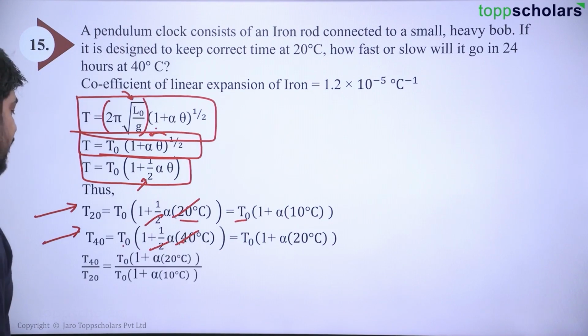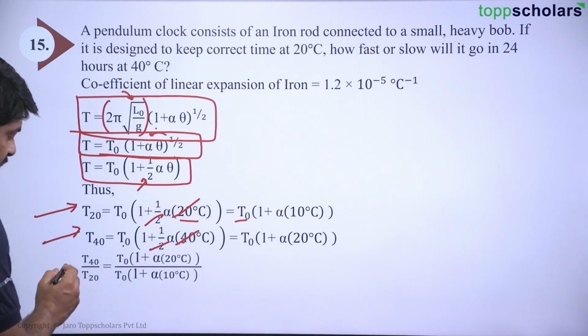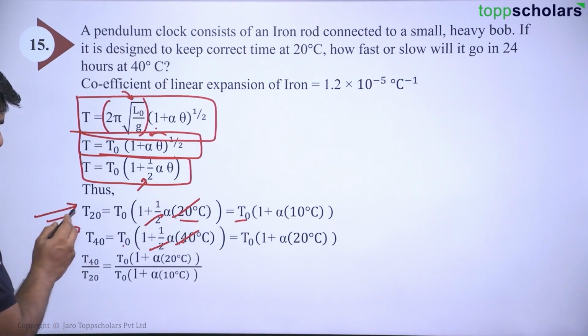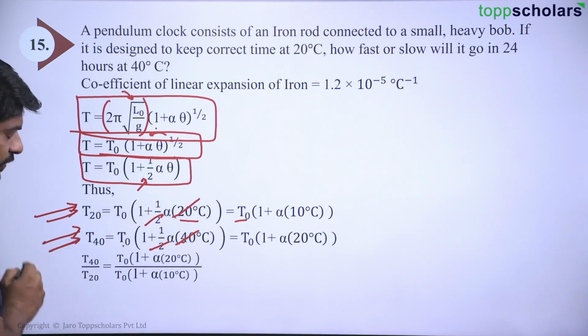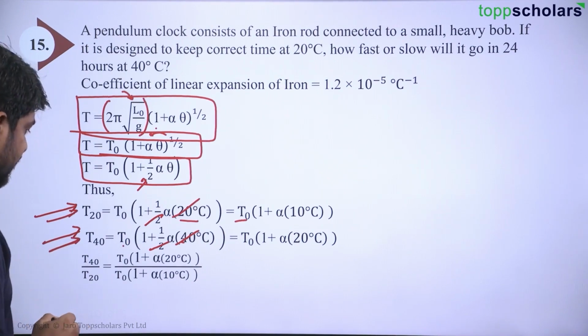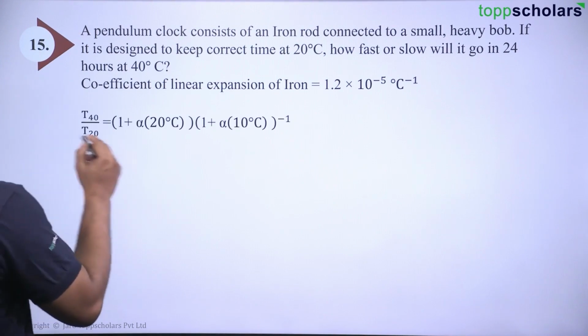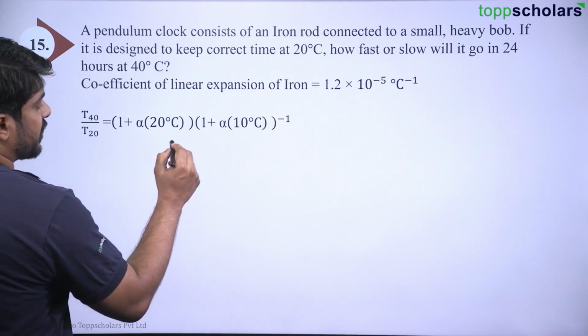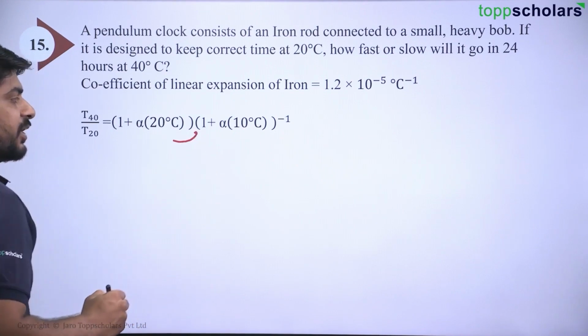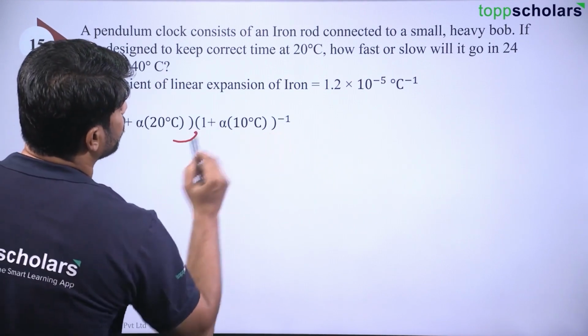Now if we divide these two equations, we get this equation. After dividing, the term which was in the denominator has been taken to the numerator, therefore you see the inverse sign.